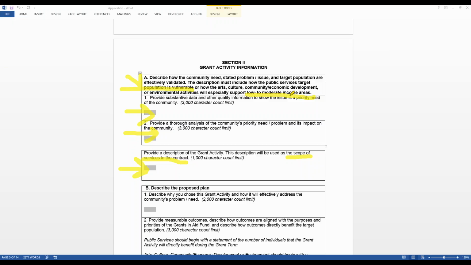Again, for arts and culture, you have to justify how your activities support low to moderate income areas. Very important to address it in this section A. Okay, hang on a second. Okay, moving on to section B.